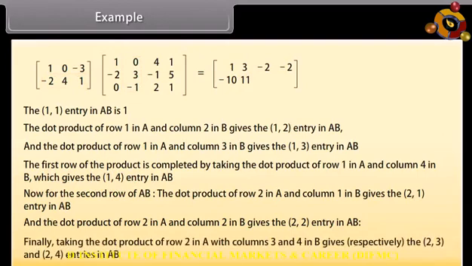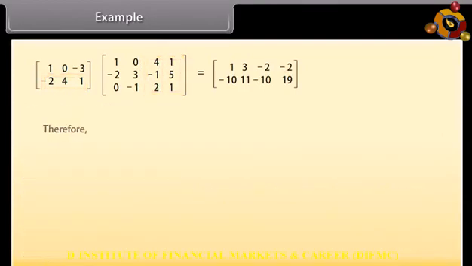Finally, taking the dot product of row 2 in A with columns 3 and 4 in B gives respectively the 2, 3 and 2, 4 entries in AB. Therefore, AB can be written as the matrix, row-wise, first row 1, 3, -2, -2, second row -10, 11, -10, 19.